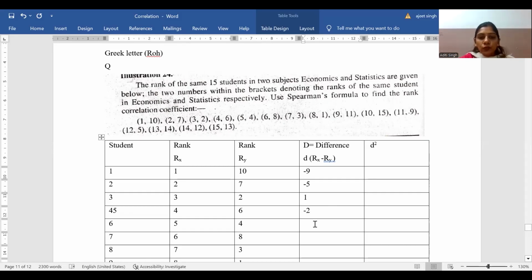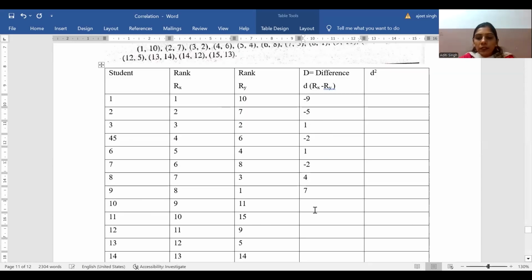Then 5 minus 4 is 1. 6 minus 8 is minus 2. Then 7 minus 3 is 4. After that 8 minus 1 is 7. 9 minus 11 is minus 2.